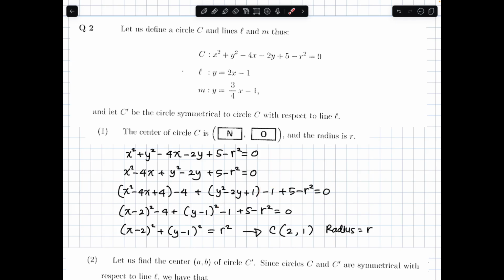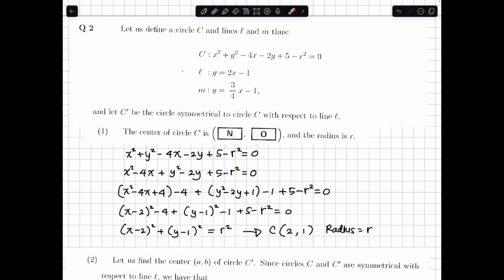The other parts I just rewrite. Then I collect all the numbers: minus 4 minus 1 is minus 5. Plus 5 cancels, so we are left with minus r squared. I move it to the right side, and it becomes r squared.